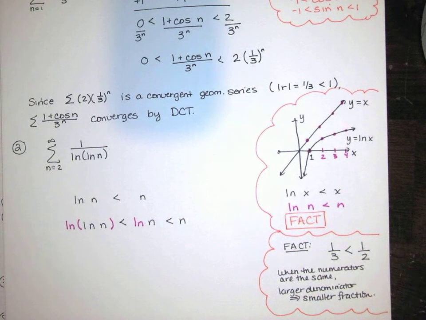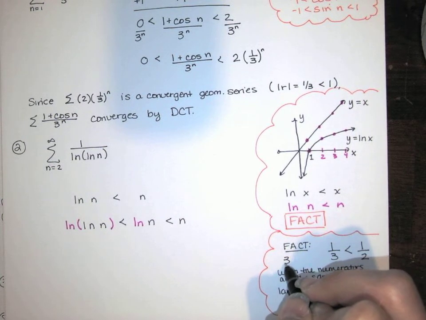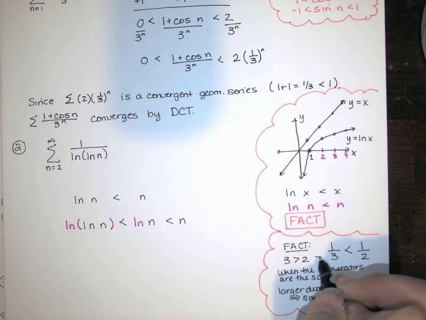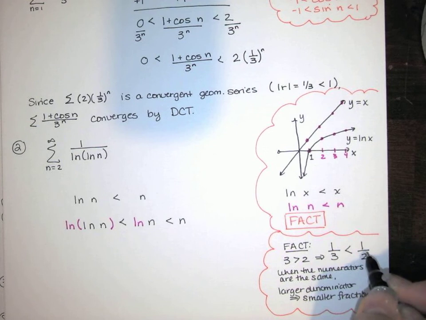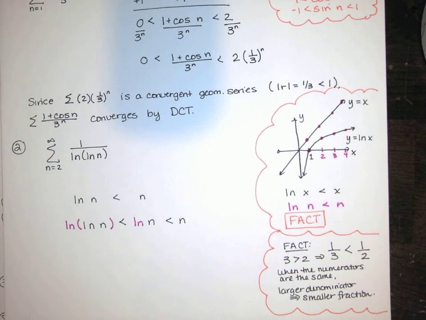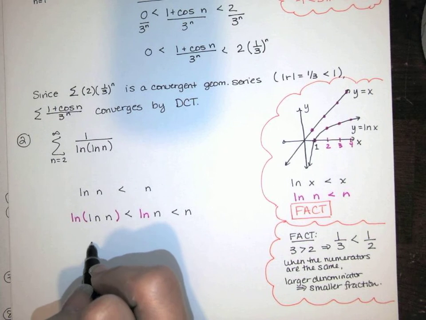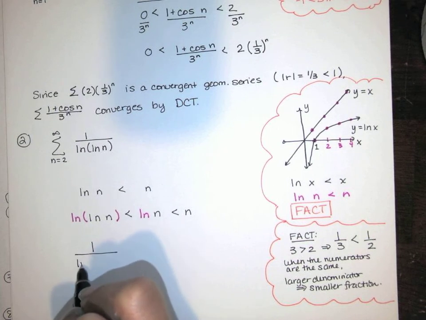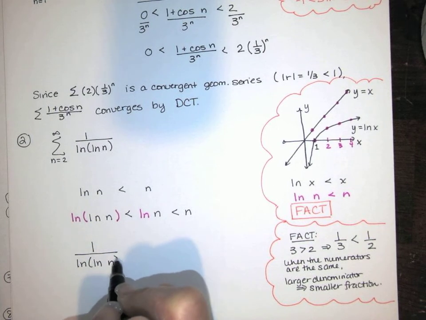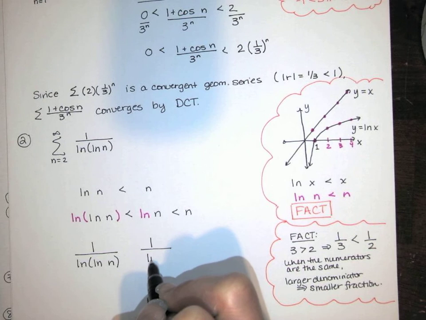So we have, like, 3 is greater than 2, so 1/3 is less than 1/2. So we're going to take reciprocals of all of these guys. But what that will do is flip the inequalities.